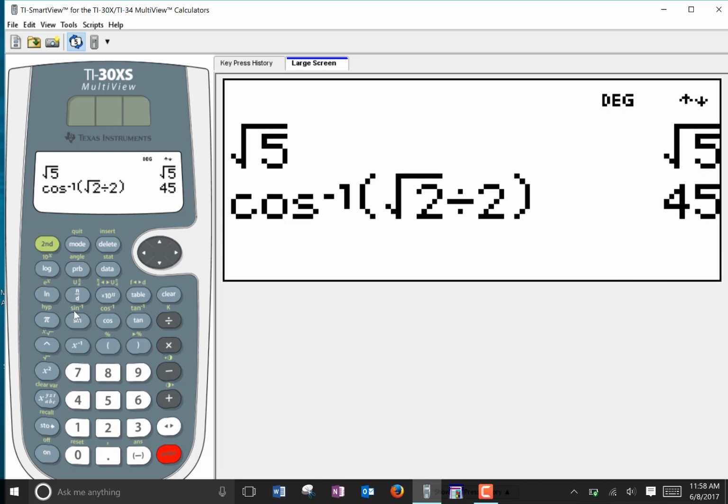So that's what these notations are up above: sine, cosine, and tangent. That's what those are for.